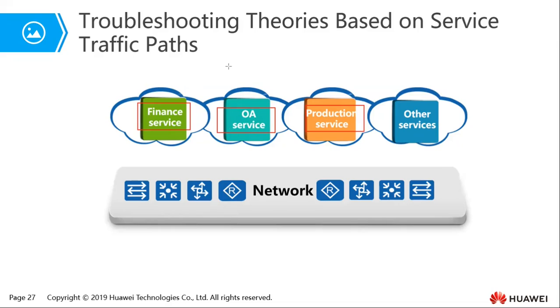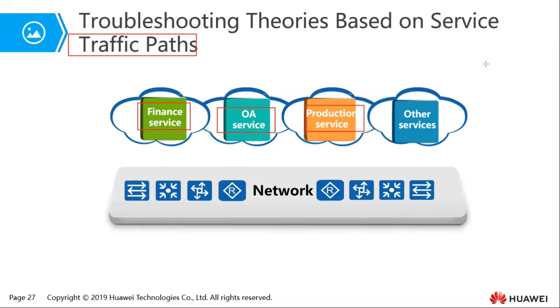Therefore, we can create traffic paths based on these services, and to troubleshoot the network, we can check the data flow direction of any particular service. Normally we do this using either the ping command or the tracert tool to test whether the current paths are consistent with how we designed them in the first place.